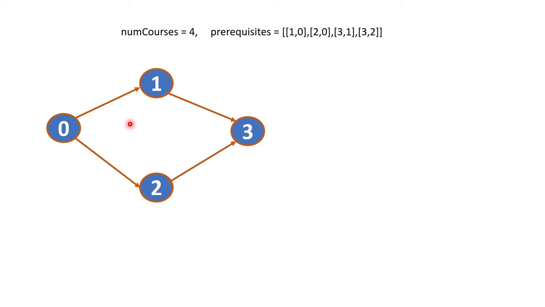Looking at this graph, the order will be first course 0, then 1, then 2, then 3, or maybe first 0, then 2, then 1, then 3. As we all know, topological sort may have various answers, not only a single answer, right? So 0, 1, 2, 3 or 0, 2, 1, 3. With any order you read, you can complete each and every course.